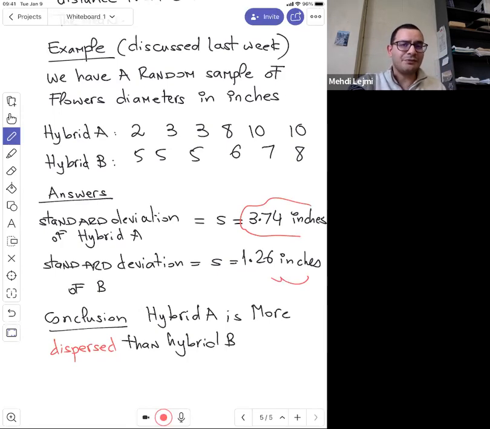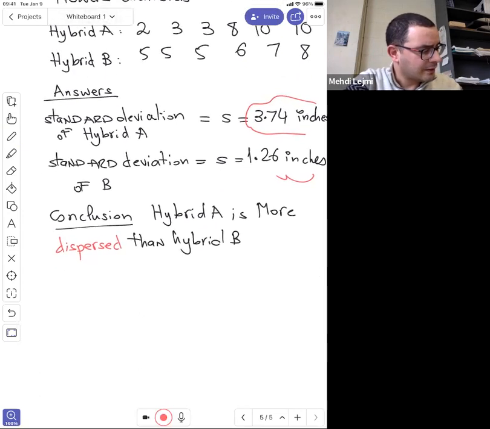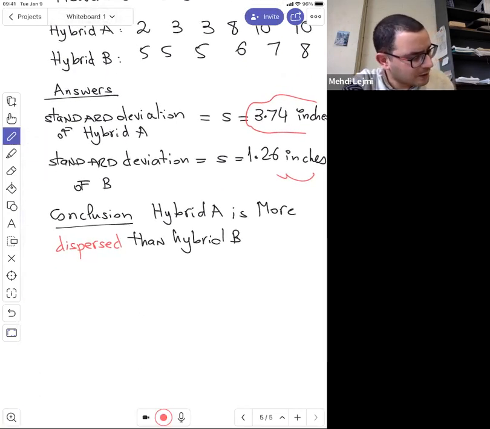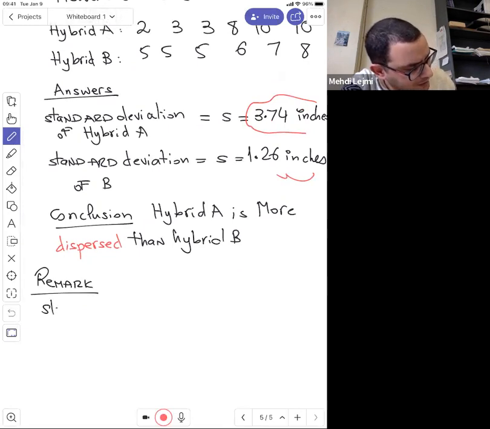So if you have two different units, then you cannot compare the standard deviation of the two samples because you are using different units. And the problem is, again, your standard deviation depends on the units, right? So here, remark: the standard deviation S depends on the units.